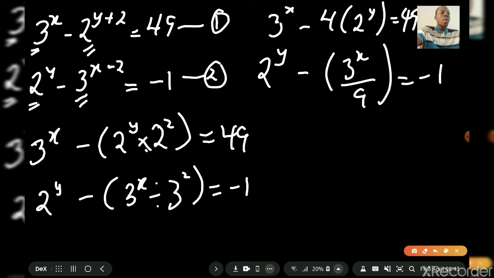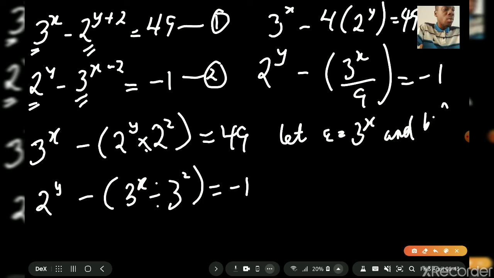Okay, so at this point, the 2 raised to the power y is standing alone without an index, the 3 raised to the power x is standing alone without an index, I can say let a be equal to 3 raised to the power x and b be equal to 2 raised to the power y. Okay, means that wherever I see 3 raised to the power x, I can put a.